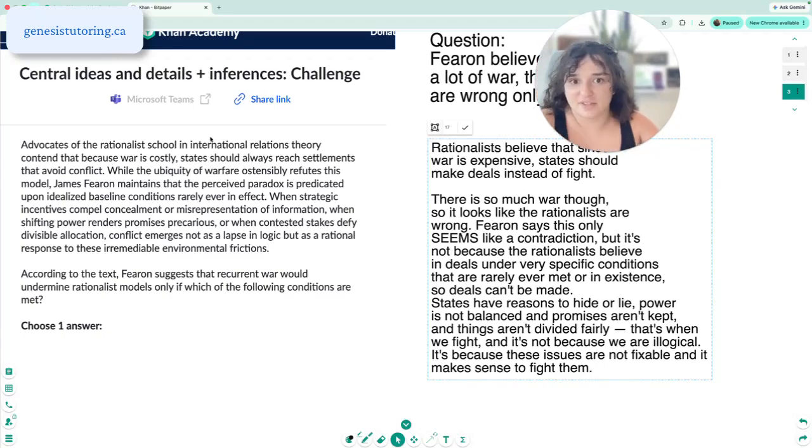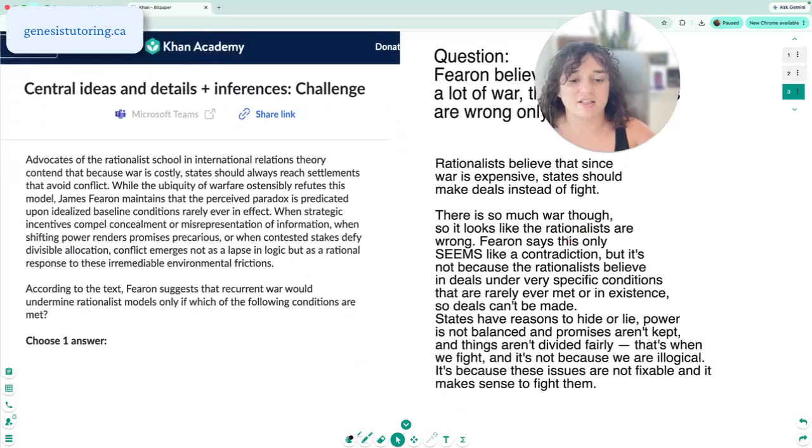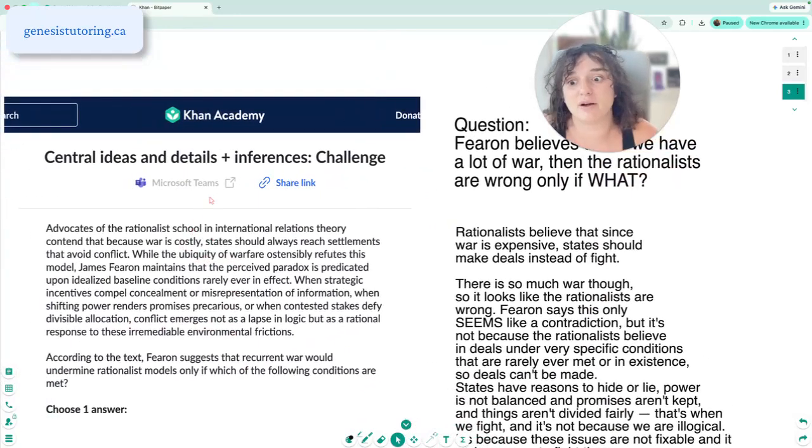the question, again, is asking, if we have a lot of war, then the rationalists are wrong only if what? So right now we do have a lot of war, but the rationalists aren't necessarily wrong. And the reason they're not necessarily wrong is because we have all of these other reasons, like lying or power imbalance, that forced us to fight and make it impossible to make a deal.